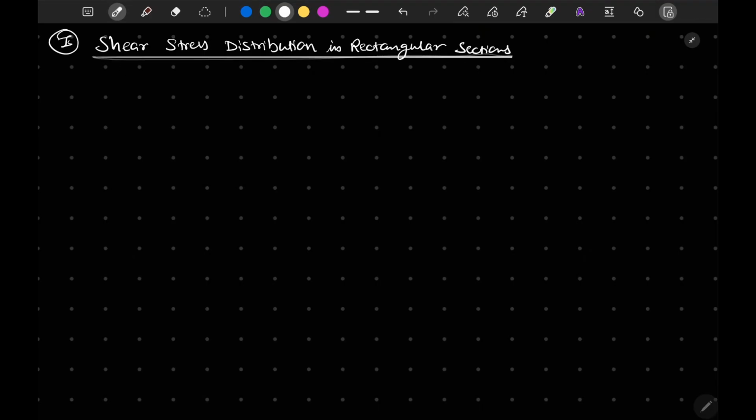Okay, so if I want to calculate shear stress distribution in our rectangular section, we know that shear stress is represented using S A y bar upon I B. Now since the section is rectangular, let's say this is our rectangular section.